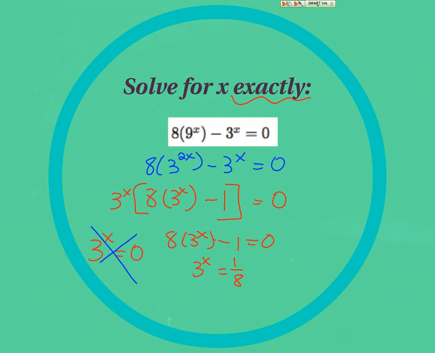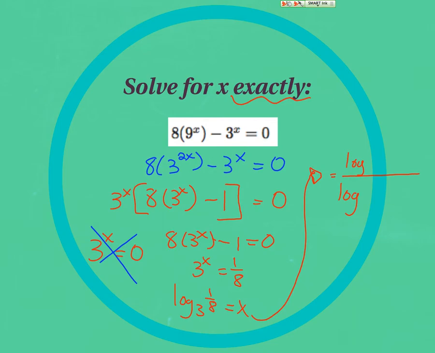And again, since we're in this change of base section, let's change it. So I've got log base 3 of 1/8 equals x. So I'll change this to base 10.